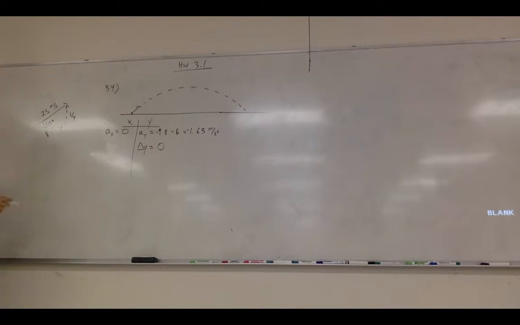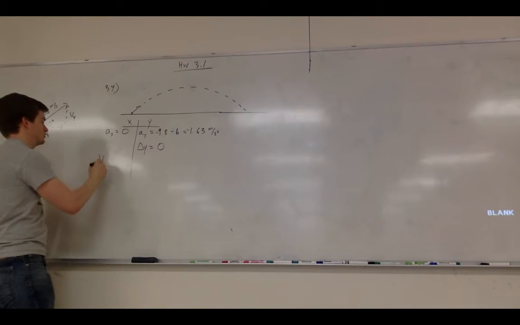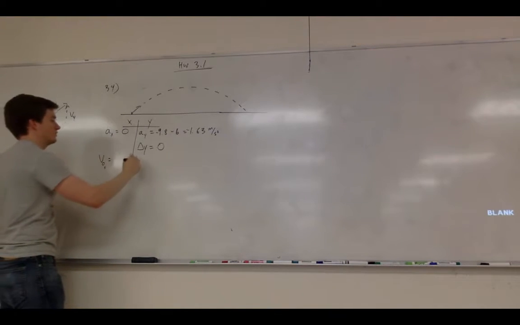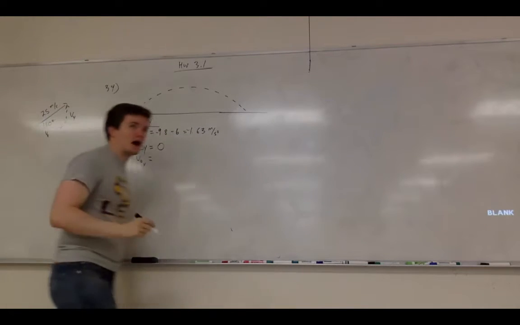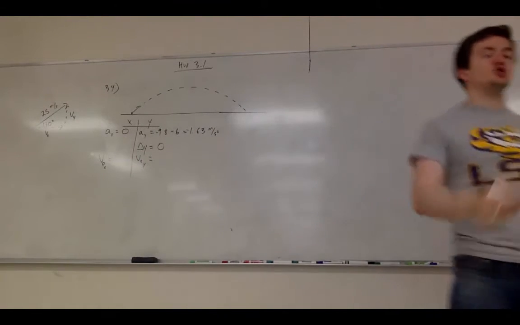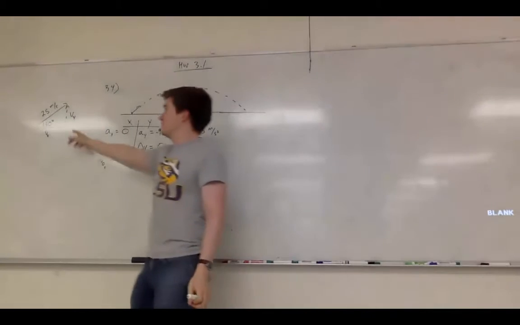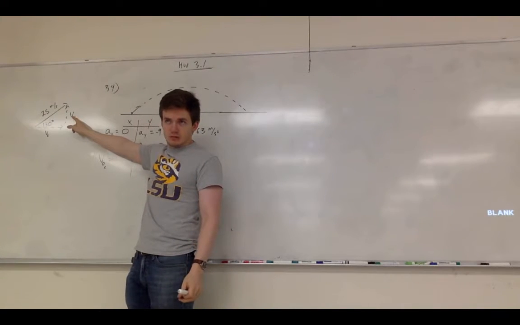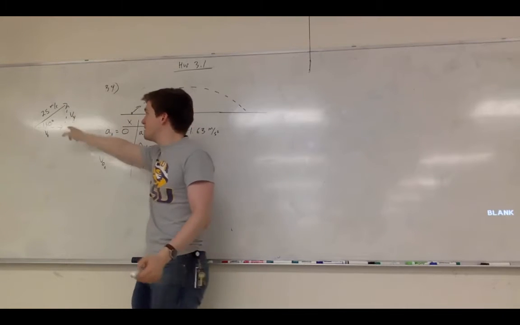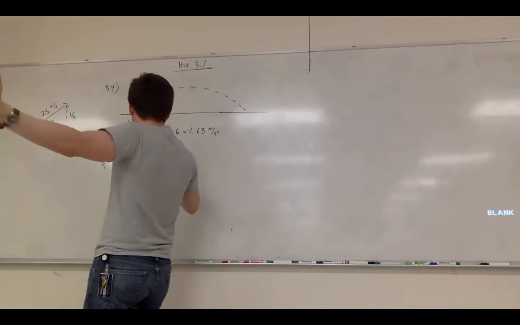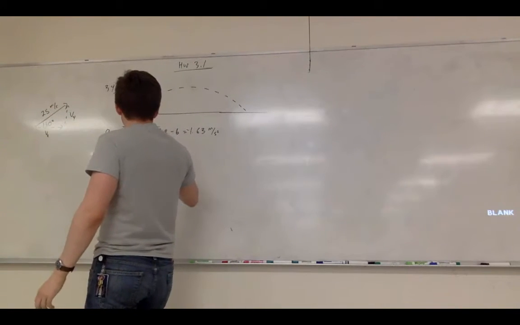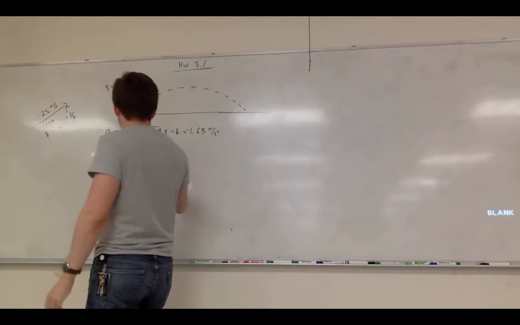Okay. So, let's see, v naught x, v naught y. We're at that point in the year where I do expect you to be able to just rattle off instantly what's going to happen. This is the opposite or adjacent? Opposite. It's the opposite, so we immediately write down that Vy equals 25 sine 30.